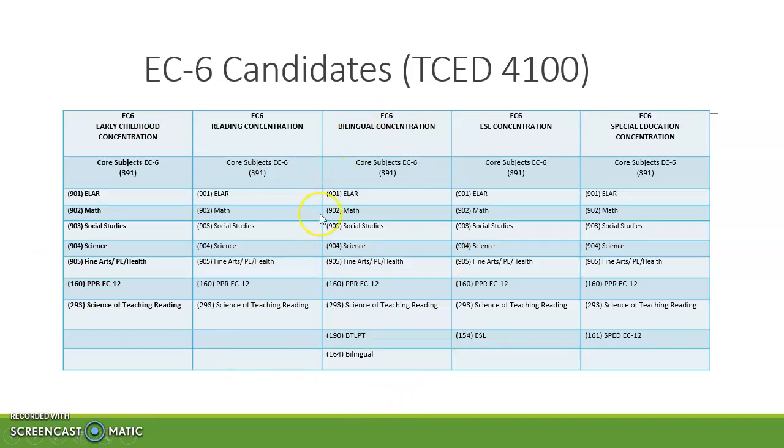So you have 5 exams that you're assessed in. If you are EC through 6 ESL concentration, you take the same 3 exams, but your supplemental is your 154, which is your ESL. And then lastly, if you're SPED, again, you take the same 3 exams, but you also take that supplemental, which is the special education EC through 12.